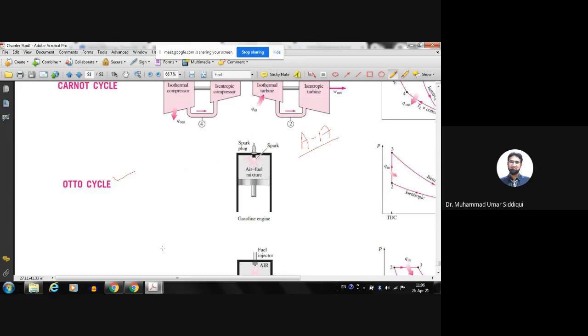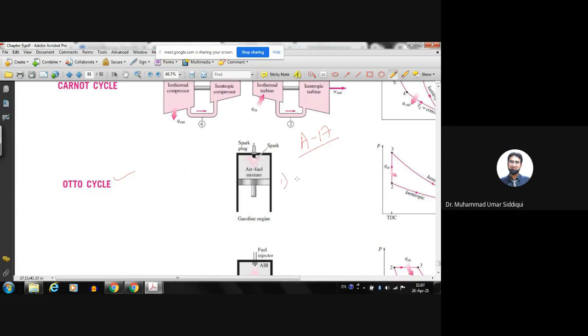First of all, all of these cycles are composed of four basic processes, and these four basic processes occur in a specific sequence. I want you to memorize this, because it is common to everything, and once you memorize it, it becomes easy to comprehend any kind of cycle. What are these four processes?